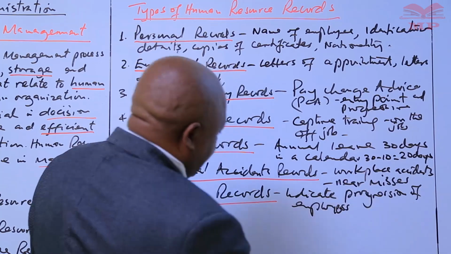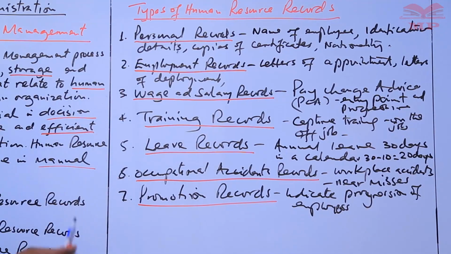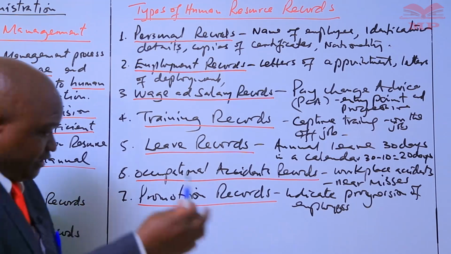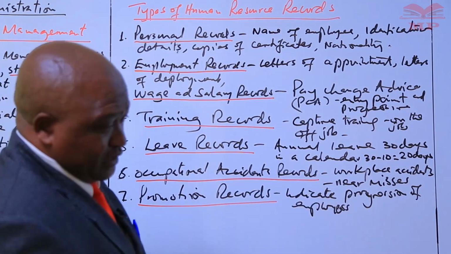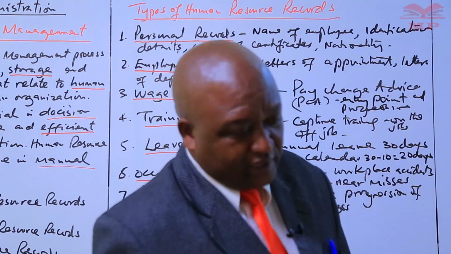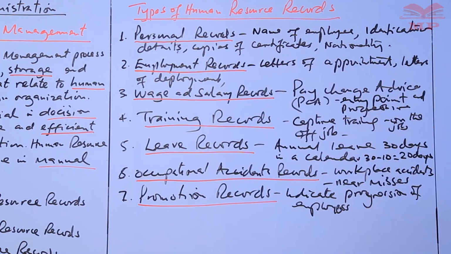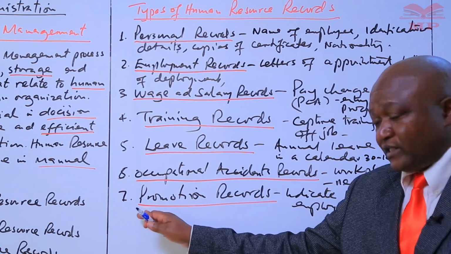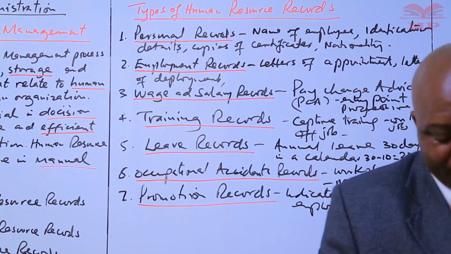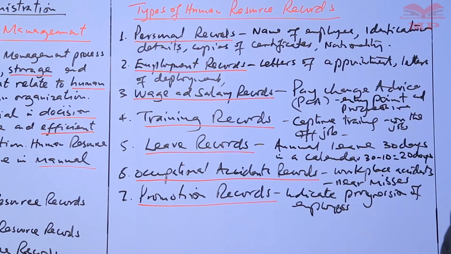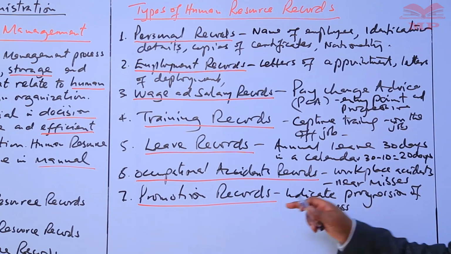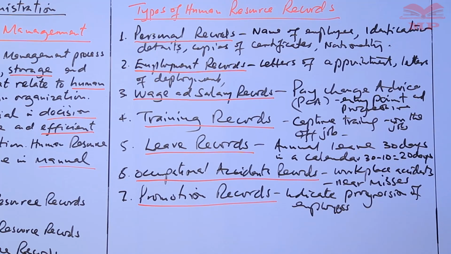So this will indicate that this particular employee joined this particular organization during, say, the year 2000. By the year 2006, had moved to this particular position. By the year 2008, had moved to a different position. Or it may also indicate that this category of employees have never been promoted for the last, let's say, 20 years. So that again can help in decision making.